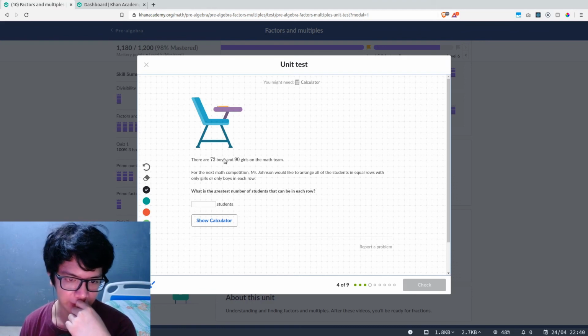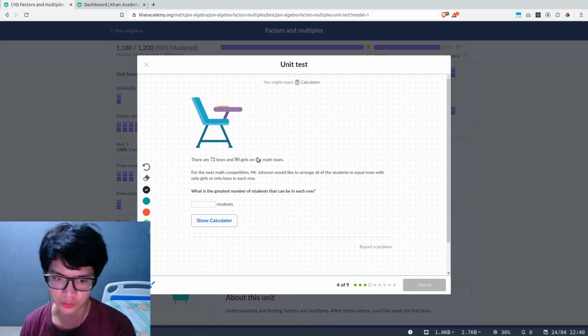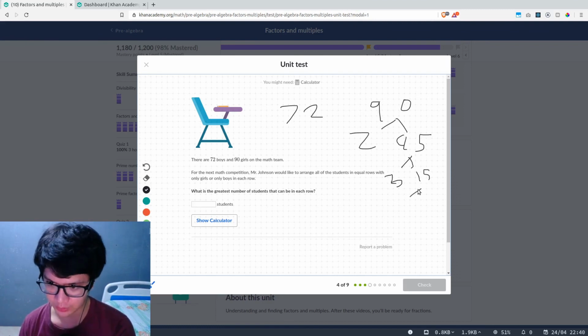Oh my god, this thing again. This is the thing that I lost earlier, where I overcomplicated things. And I'm pretty sure this question is pretty much wrong. 45, 2, 15, 3, 5.